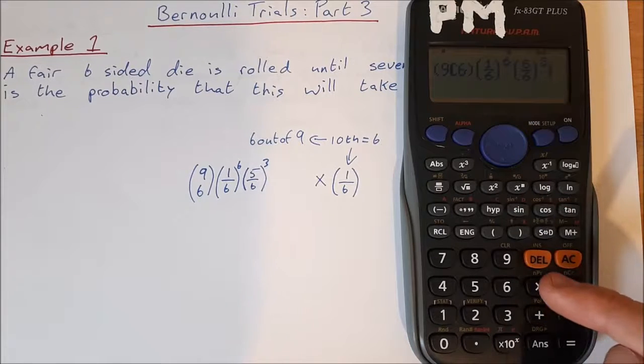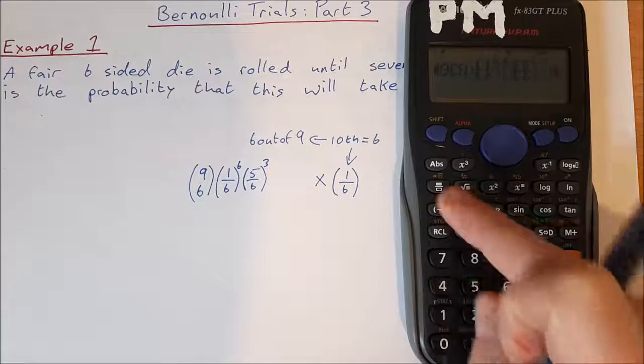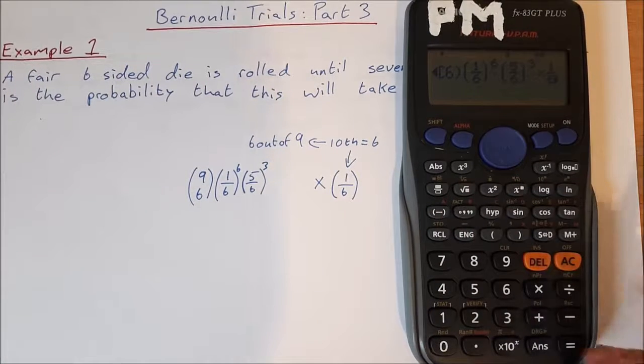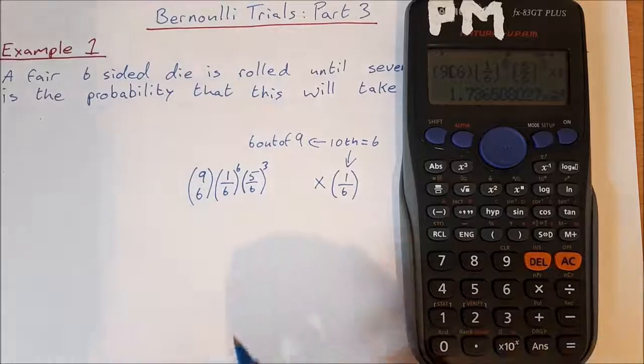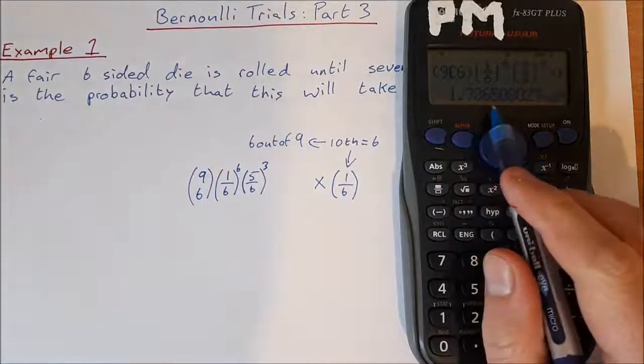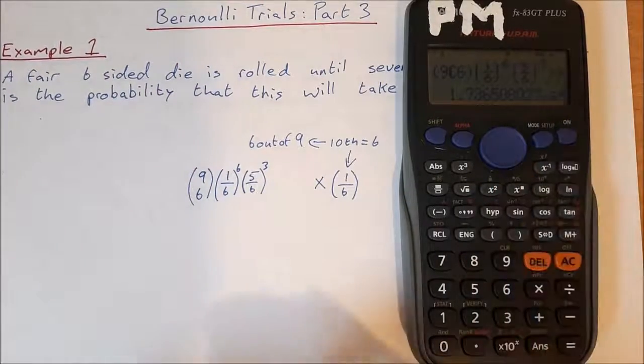And then this is going to be multiplied by 1/6 again, and that's equal to 1.7365 by 10 to the minus 4.